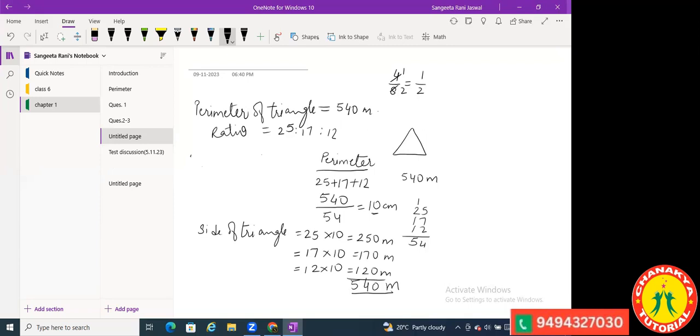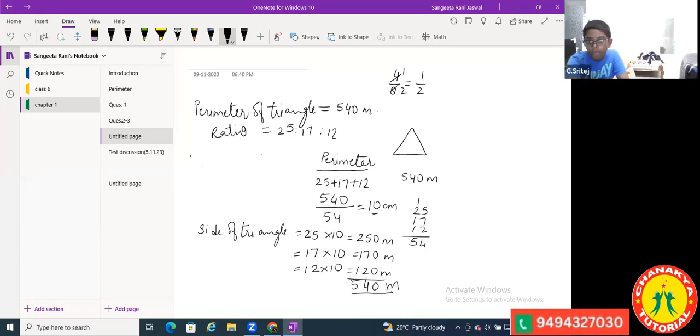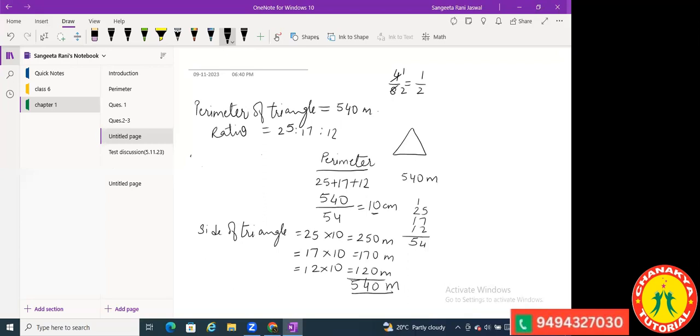You got it? Actually, I did not introduce you to the variable part when you will be studying it. Ma'am, this ratio question is just to check the answer. No, no. We were asked to find the sides of the triangle. Sides of the triangle are 250 meters, 170 meters, and 120 meters.